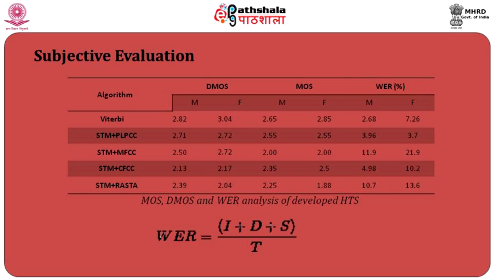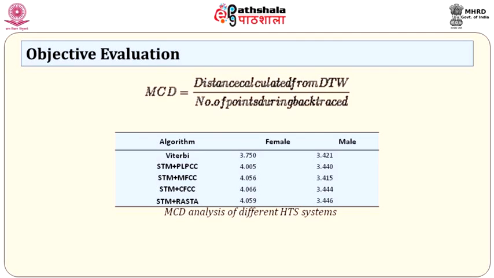Normalized DTW-based perceptual distance is given by MCD equals the distance calculated from DTW divided by the number of points during backtracking, where the number of points during backtrack tracing in DTW is used as a normalizing factor for the distance calculated.